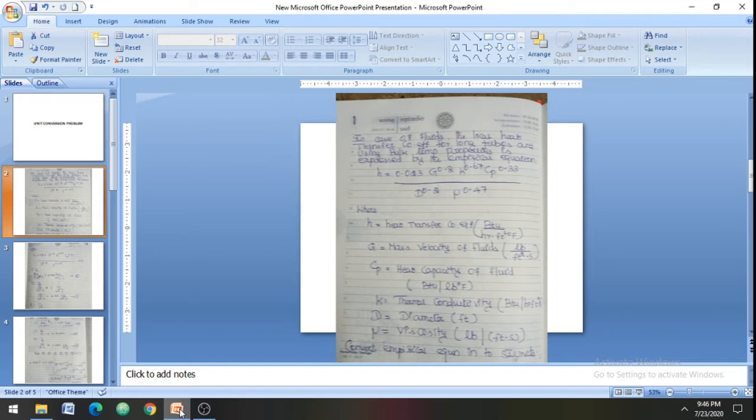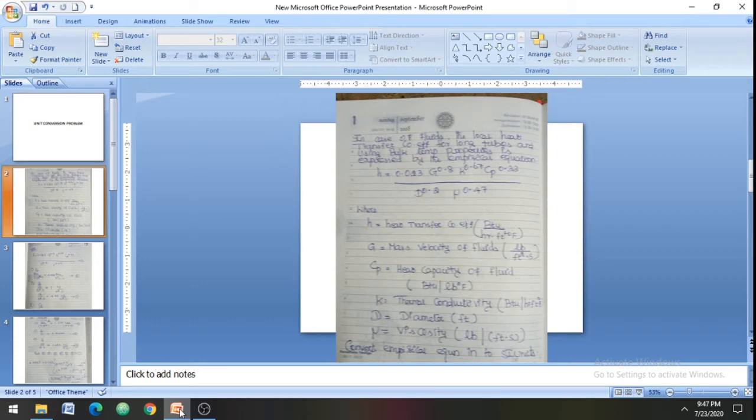empirical equation: small h is equal to 0.023 G to the power 0.8, k to the power 0.67, cp to the power 0.33, divided by D to the power 0.2 and mu to the power 0.47, where small h is the heat transfer coefficient, unit BTU per hour foot square degree Fahrenheit; G is the mass velocity of fluid, pound per foot square second; cp is the heat capacity of fluid, BTU per pound degree Fahrenheit; k is the thermal conductivity, BTU per hour foot degree Fahrenheit; D is the diameter, foot; mu is the viscosity, pound per foot second.